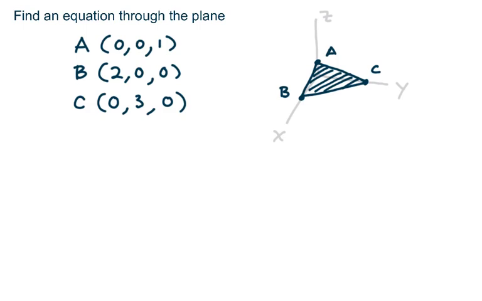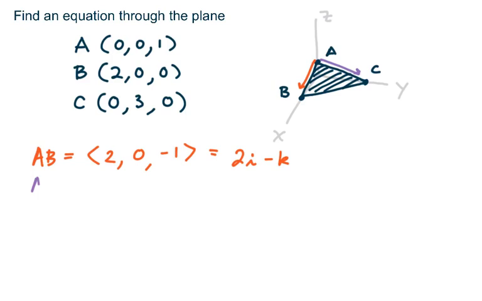Now, if we want to find an equation for the plane, then the best thing for us to do would be to first find a cross product for AB and AC, because that cross product we know will be normal or perpendicular to the plane. So let's define what our two vectors are. AB is the vector 2, 0, negative 1, or rather 2i minus k.